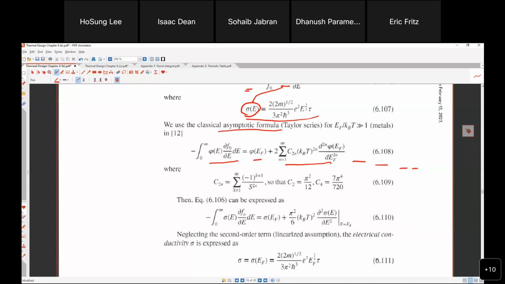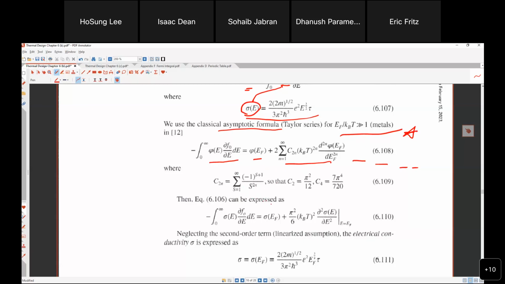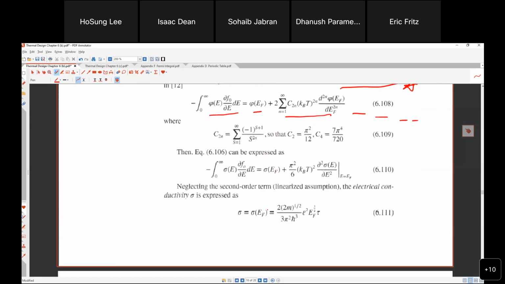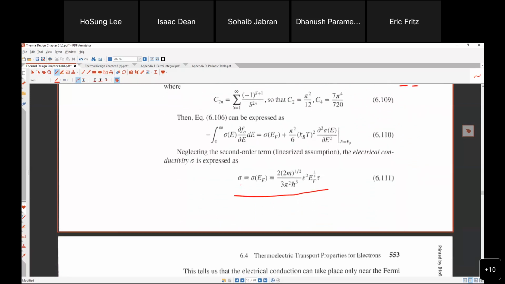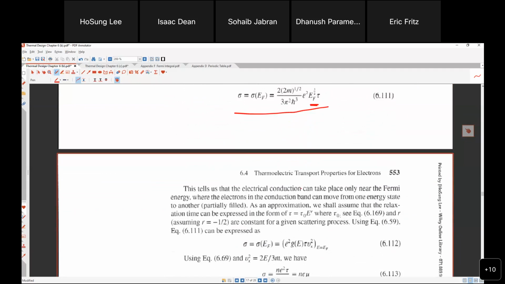So if we assume the metal, this is an important assumption, then we come up with this, and then neglecting second order, this is the approximate simple form. Okay, so the electrical conductivity in terms of Fermi energy, we have an expression, but this is for metal, not the semiconductor. Okay, keep in mind.